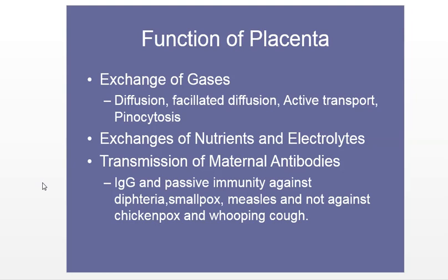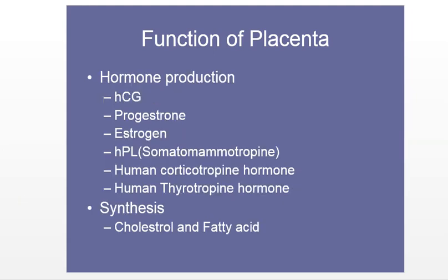Okay, and another role of the placenta is secretion of some hormones. During the first 2 months of pregnancy, the syncytiotrophoblast also produces human chorionic gonadotropin, or HCG, which maintains the corpus luteum.